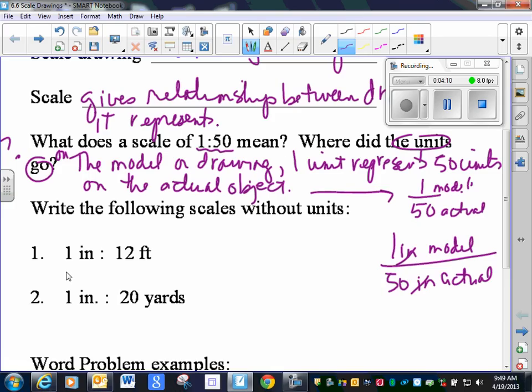Now, in this example right here, we've got inches and feet. So if we're asked to write these as a ratio without units, we've got to turn those feet into inches so that they can cancel. So we have 1 inch to 12 feet, and there are how many inches in a foot? 12. 12 inches in a foot.